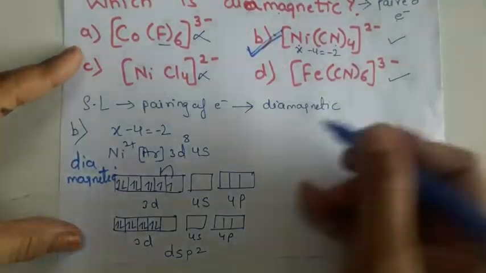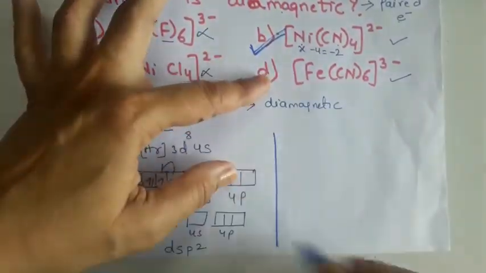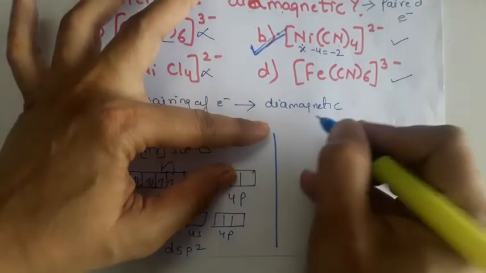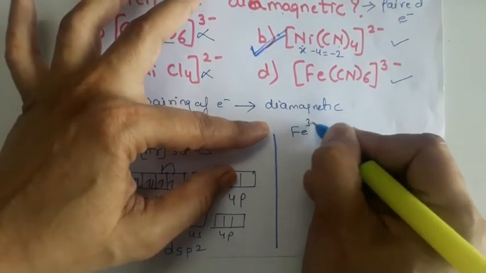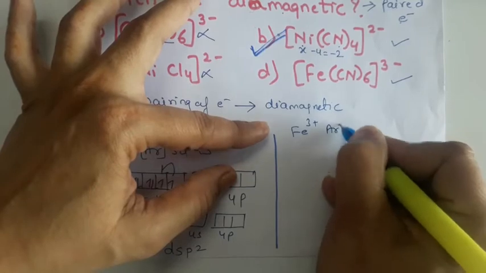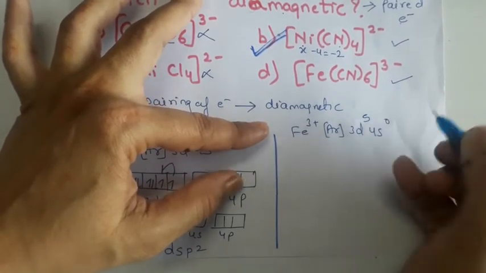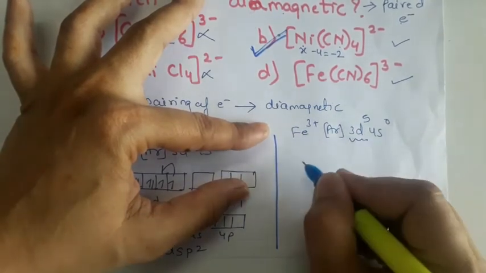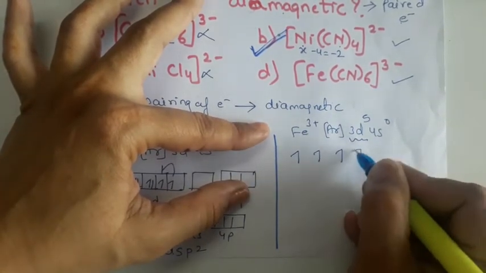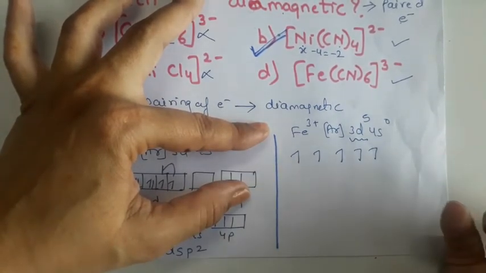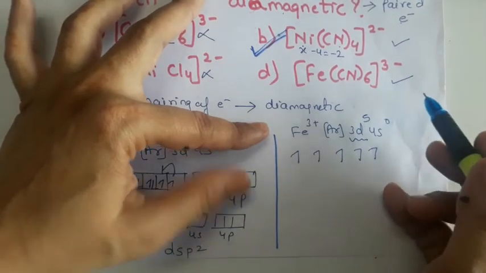But let us have a look at the D option also. Now in D option it is Fe3+. So it is argon 3d5 4s0. Now make sure, students, you all know 5: 1 2 3 4 5, isn't it? Cyanide is a strong ligand.